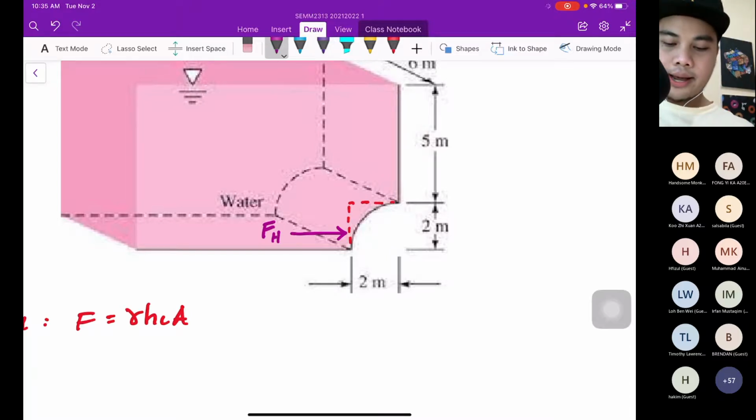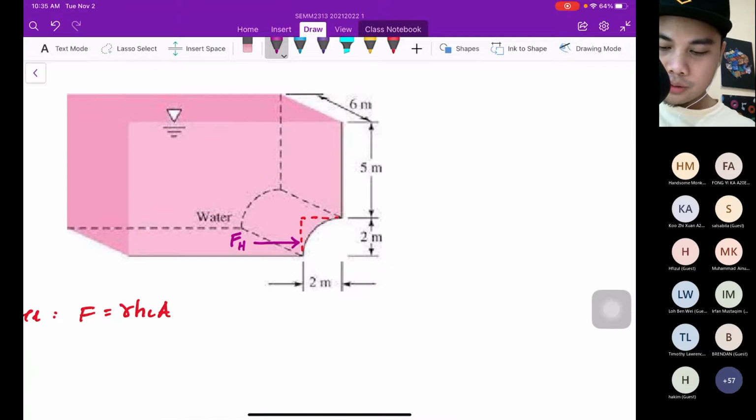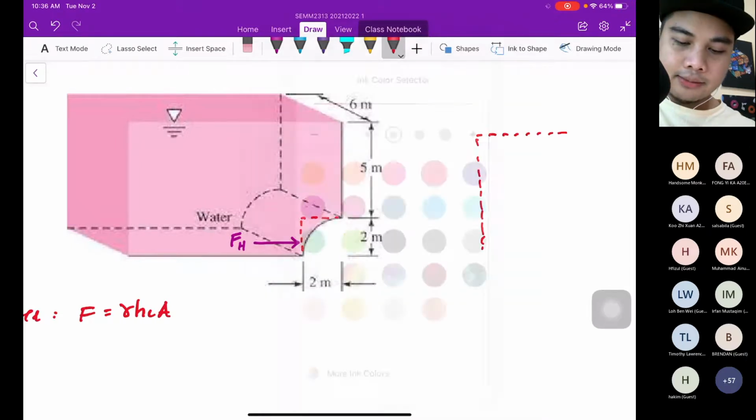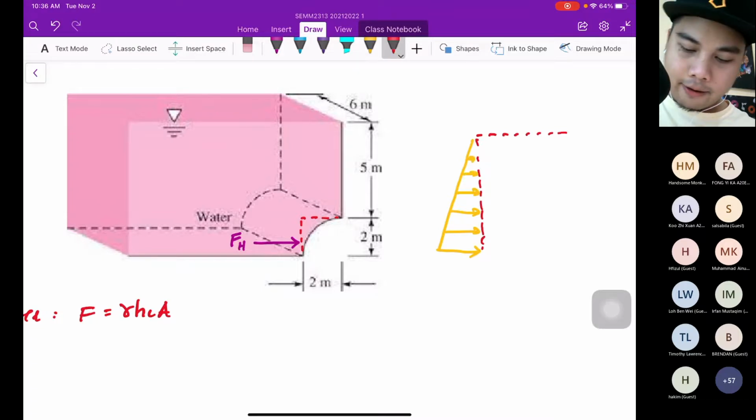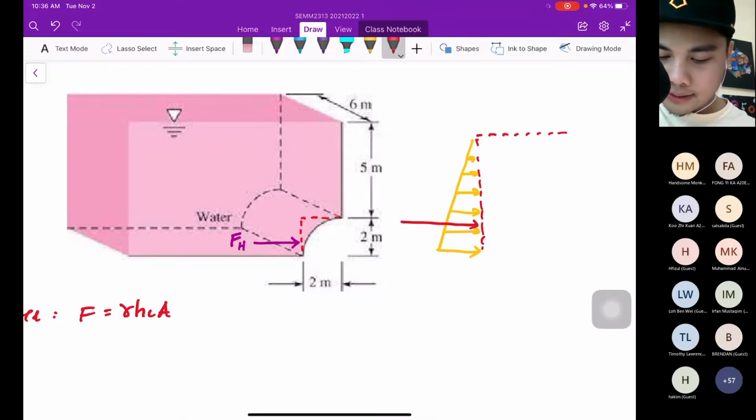So remember that the horizontal force, once we draw this projection, must be like this. Okay, this is the horizontal projection, the horizontal force. Definitely the force will be like this. This is F. Remember previously?